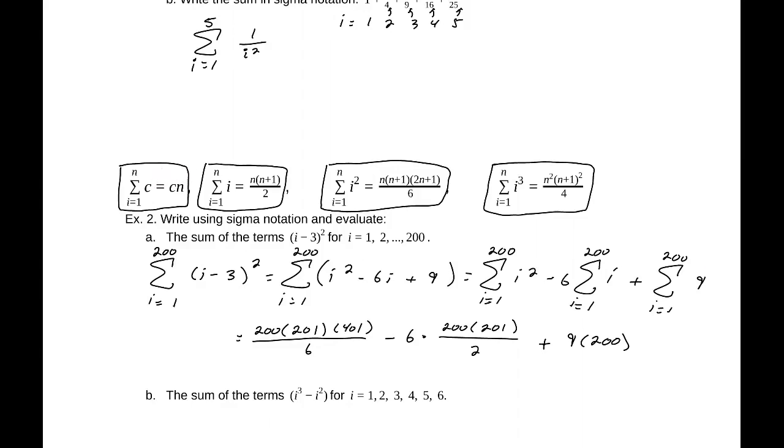So in this case, it's going to be 9 times 200. All right, and that total is 2,567,900.